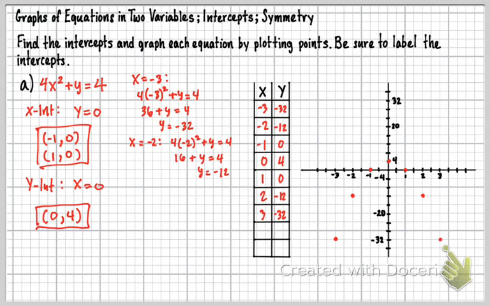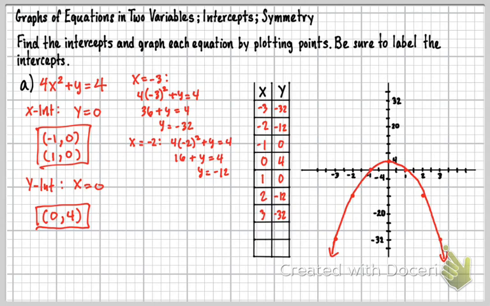So there it is. And if we actually connect the dots, really complete the graph, it's going to go like this, and on this side it's going to go this way. So here we get to see what's necessary for a completed graph using points.